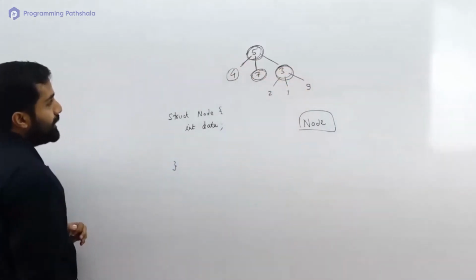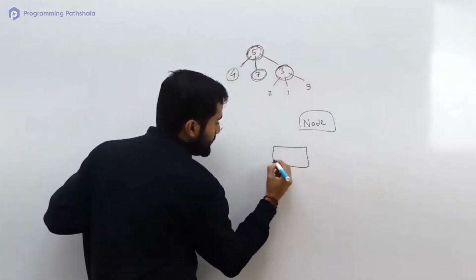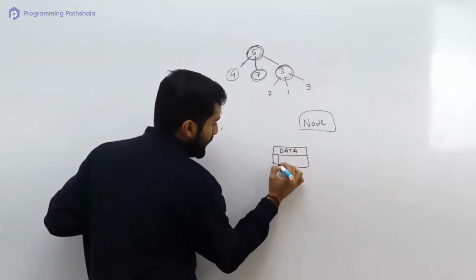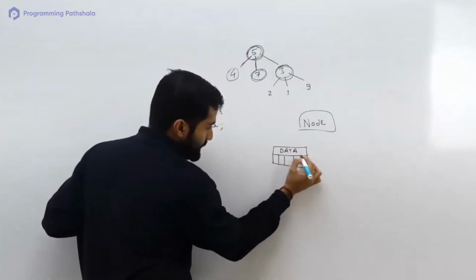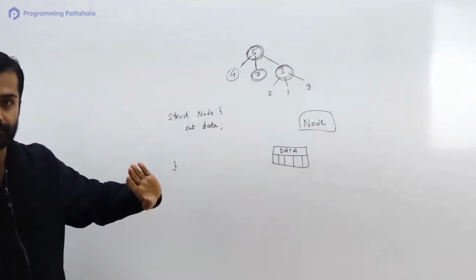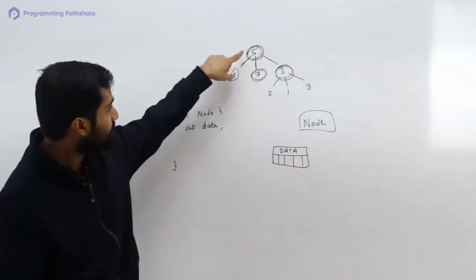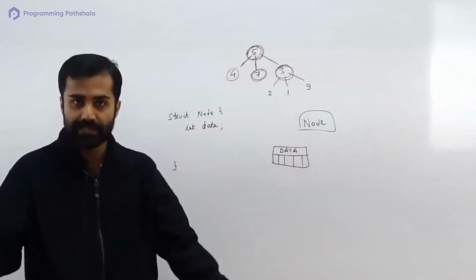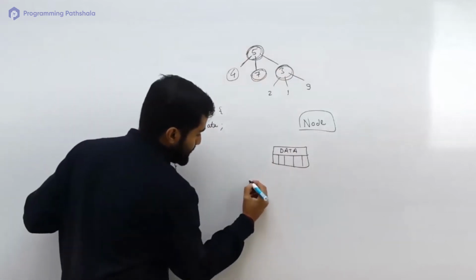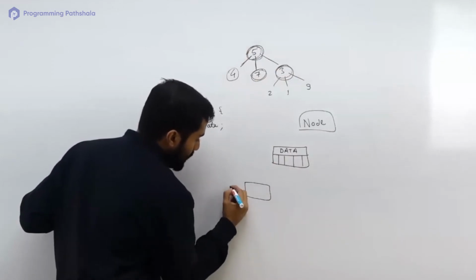So think of it in this way. If I try to draw it more cleanly, this is a node, and here some data is present, and in this compartment the addresses of its children will be present. I do not know how many children it has. This node can have 3 children directly attached to it, or 1 child, or no child, or 100 children. That's totally up to it. Let's say there is some child over here, and its memory location in the computer is 1000.